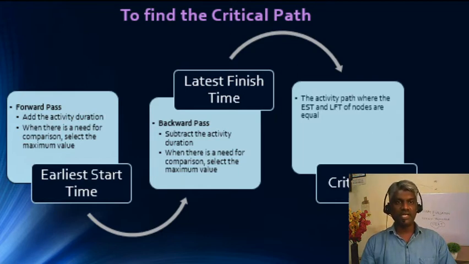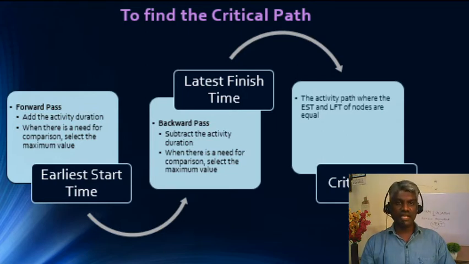And in the forward pass, we are going to just add the activity duration to the earliest start time of the nodes. And if it is a single activity, we will straight away add the activity duration. But when there is a need for comparison, when two or more activities end in a particular node, what to do? We are going to take the maximum value. Okay, that is the forward pass.